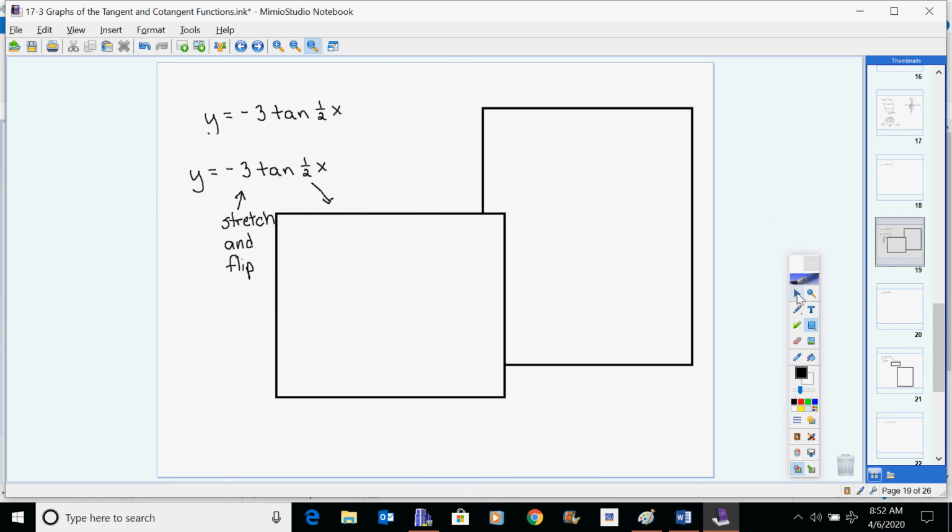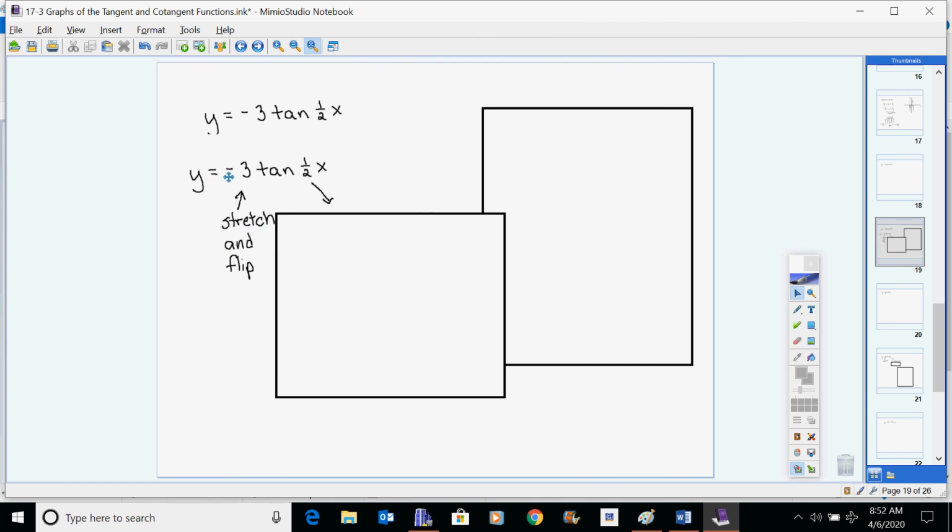This part right here tells us that it's going to stretch out. Okay, I can't say that the amplitude changed, but since it's multiplying times 3, those 1s are going to get stretched out to be 3s. Instead of being 1 away from the center, it's going to be 3 away and -3 away. We're going to flip it over also.